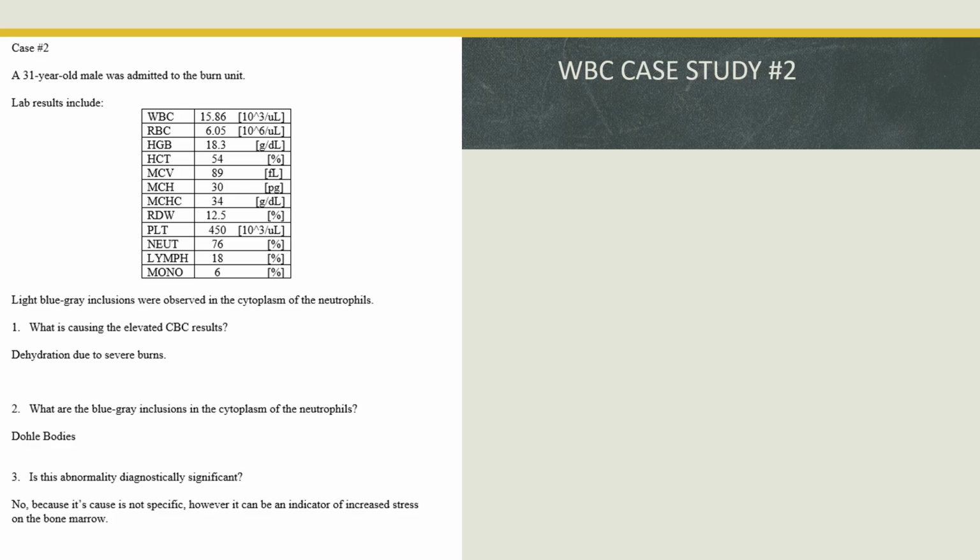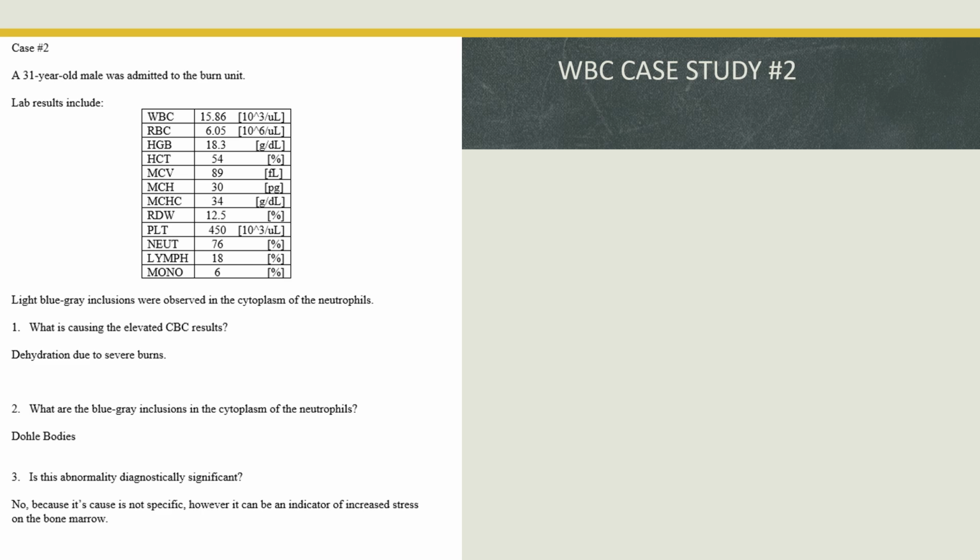Because remember, polycythemia vera is predominantly red blood cell proliferation, but it does also cause elevated white blood cells and platelets. So these white blood cells and platelets are only slightly elevated. They're not so significant that you would think of a proliferative disorder. This is more of a physiological response to the burns. But what about the red cells?